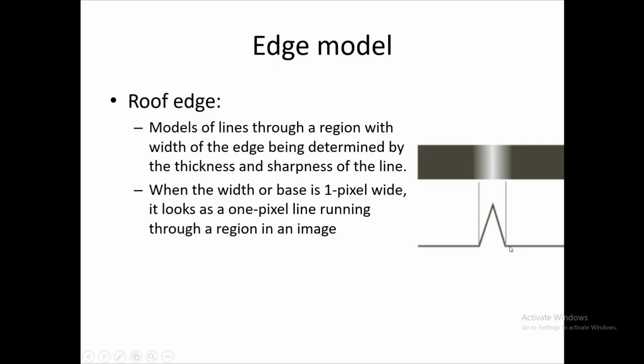Here the pipe appears brighter, and thus it creates an edge. As shown in the figure, this is the edge profile created by this image of the pipe. And these are the basic models of the edge.